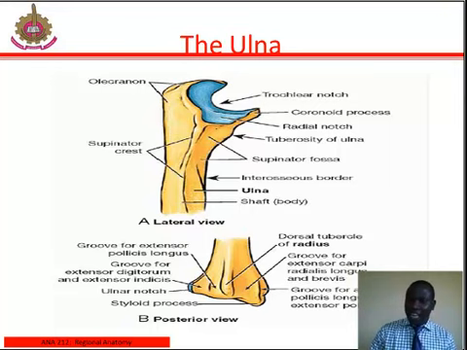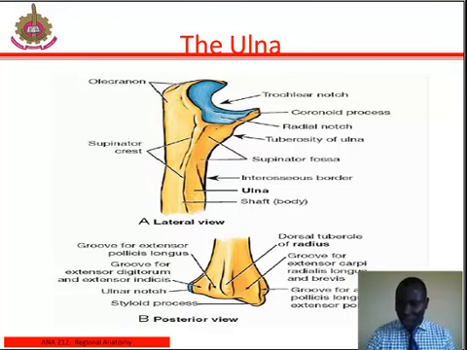On the lateral side of the coronoid process is a smooth, rounded concavity, the radial notch, which articulates with the head of the radius. Distal to the radial notch is a prominent ridge, the supinator crest, and between it and the distal part of the coronoid process is a concavity, the supinator fossa.